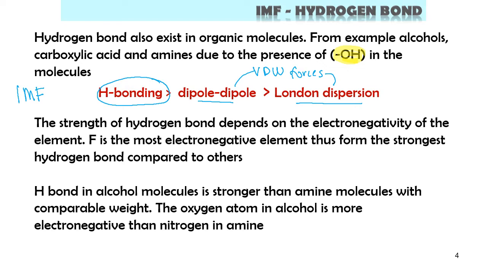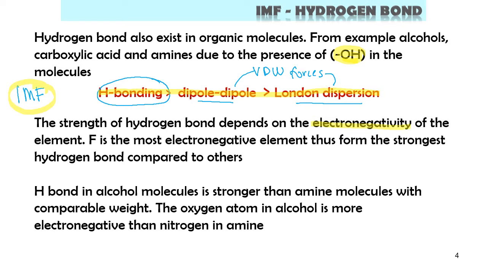It depends on the strength of hydrogen bond, dipole-dipole and the London dispersion. Okay, depends on the strength of intermolecular forces. Okay, so what factor makes the hydrogen bond strong? It is because of the electronegativity.